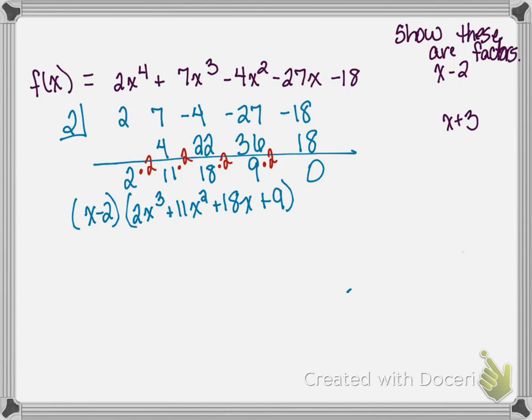So if x plus 3 is a factor, what's the solution associated with it? Good. So I have negative 3. Then I'm going to have 2, 11, 18, and 9. I bring the 2 straight down.